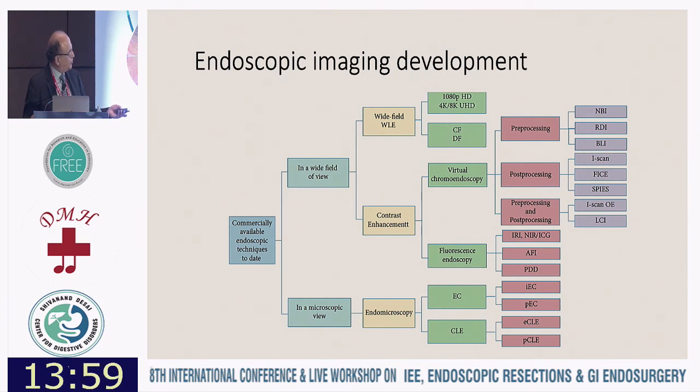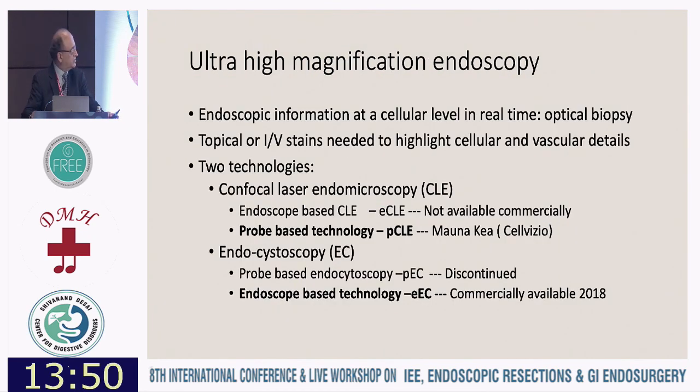But what I'm going to concentrate on is the microscopic view, where endomicroscopy comes in, and there are basically two types of these techniques which are available to us today. They are ultra high magnification endoscopy, which actually gives us cellular level information in real time, and that's what we call optical biopsy.